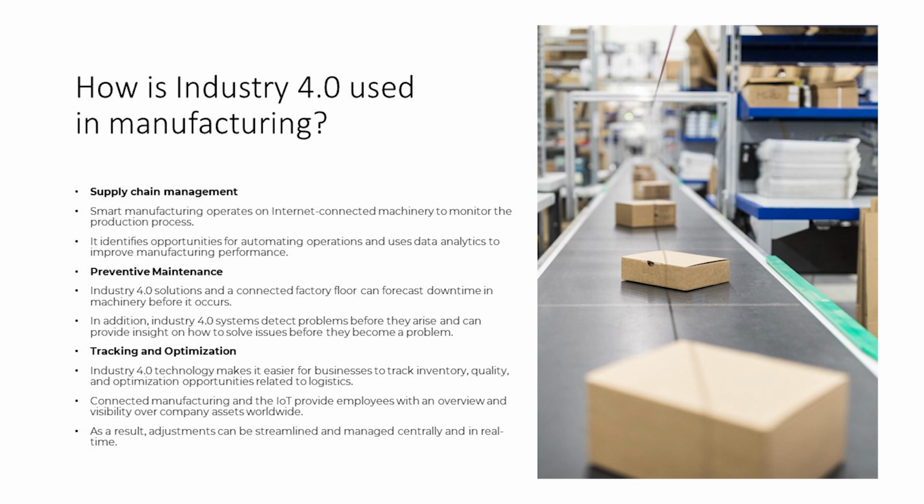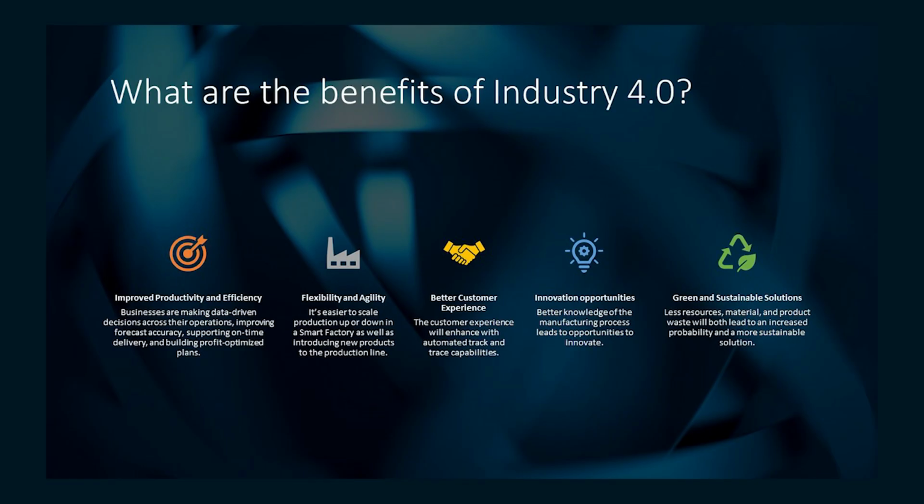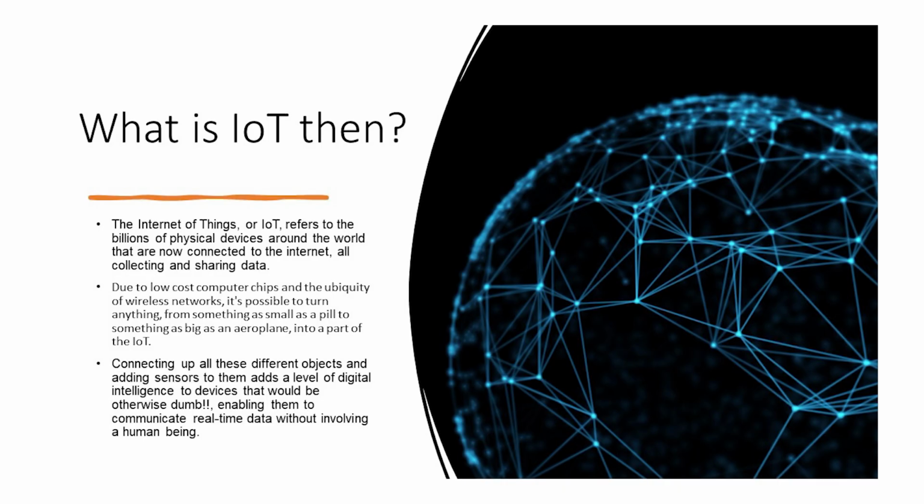Okay. So benefits are in terms of improved productivity and efficiency, flexibility and agility. We will talk about this in greater detail in the next class. You get a better customer experience, you get opportunities for innovation, and also we are heading towards a more green and sustainable world. Finally, the Internet of Things.